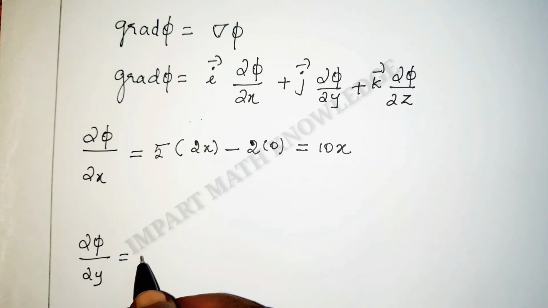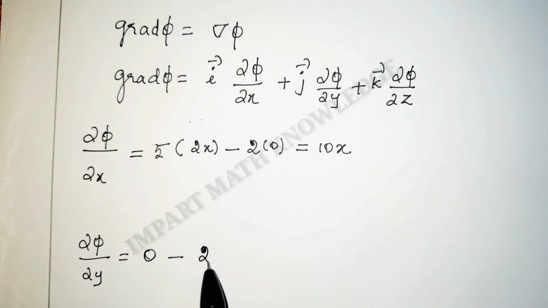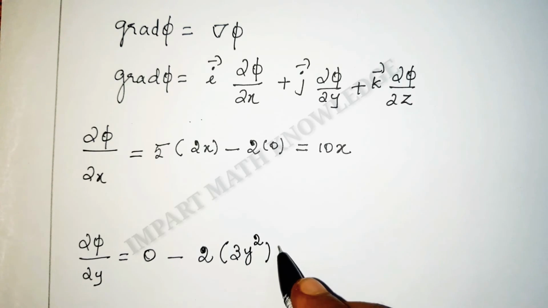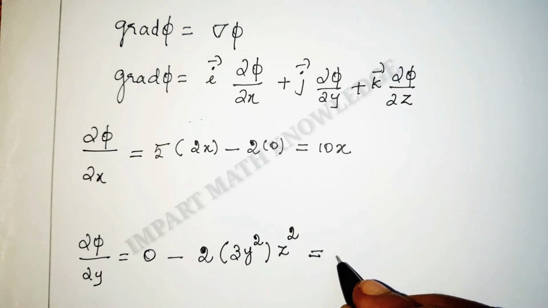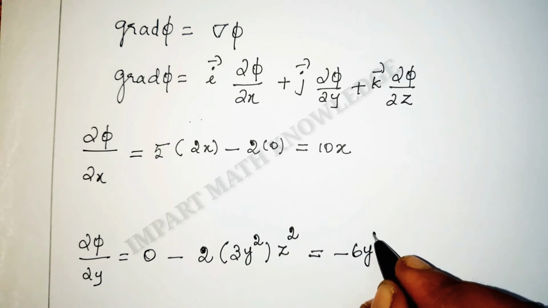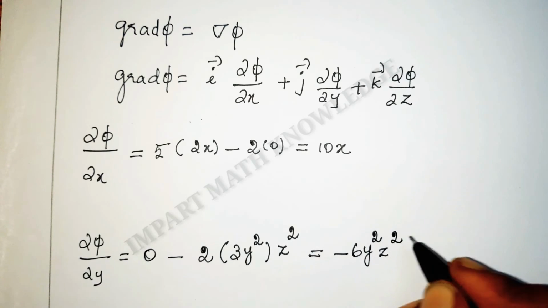First term is x square term, so 0. When we differentiate with respect to y, other than y term we treat it as a constant term. Derivative of the constant term is 0. So first term is 0 minus 2 into differentiation of y cube is nothing but 3y square into z square. So the value is minus 6y square z square.